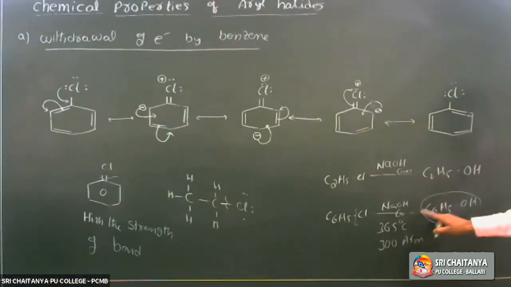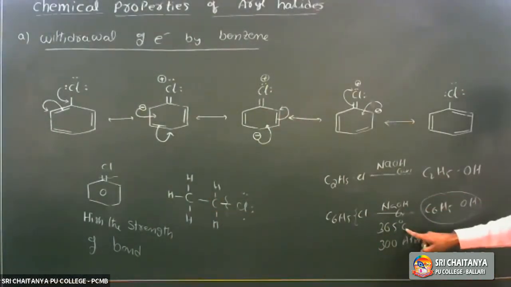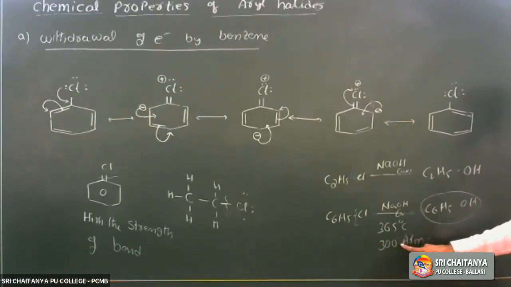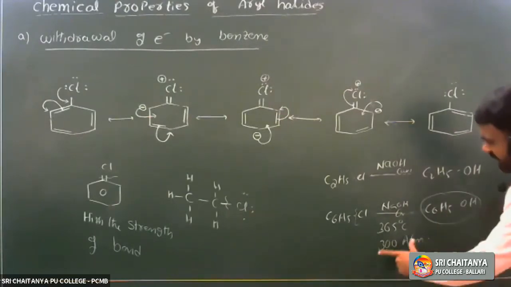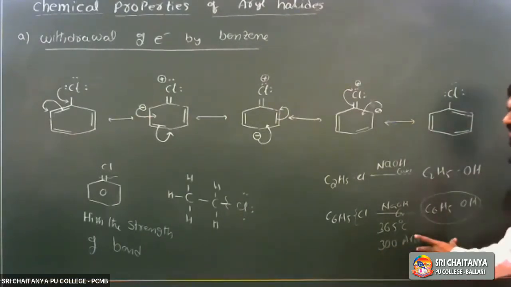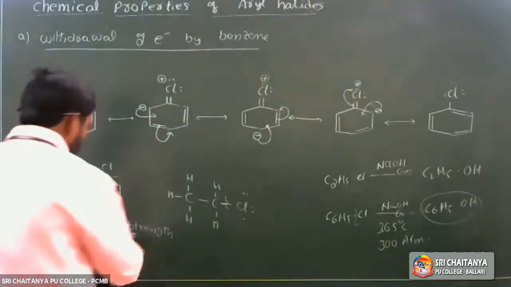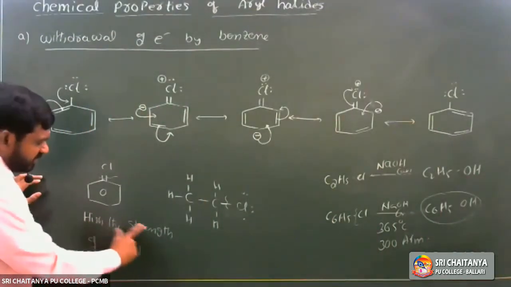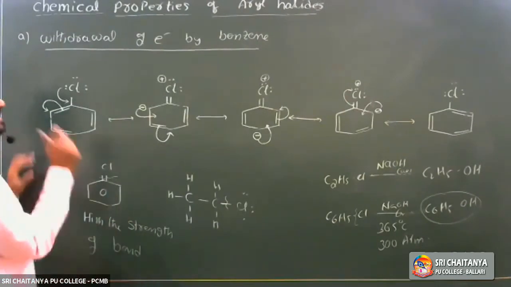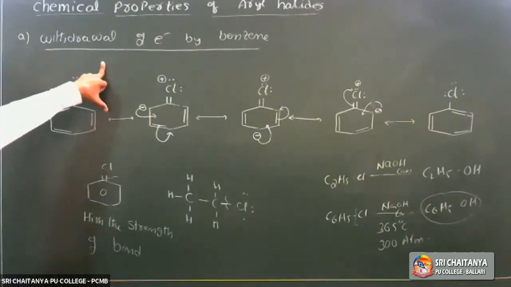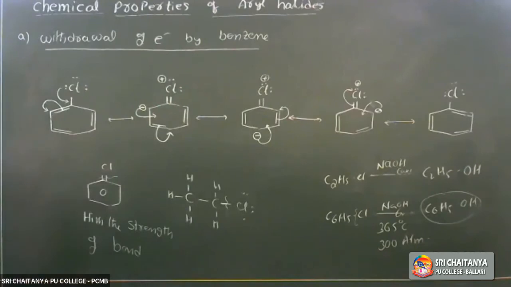To form phenol, it requires a very high temperature, 365 degrees centigrade, and very high pressure, whereas atmospheric pressure is just 1 atmosphere. The higher the bond strength, the lower the reactivity. This first reason is very important.